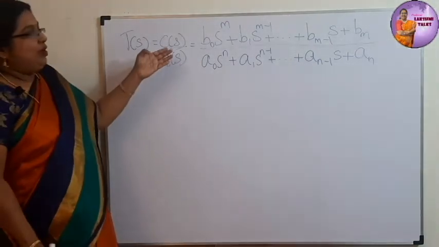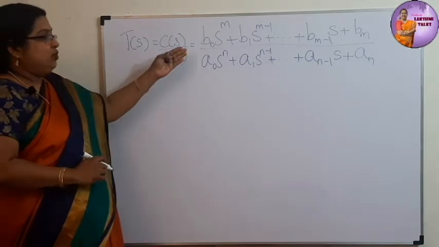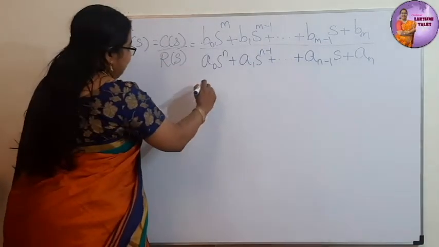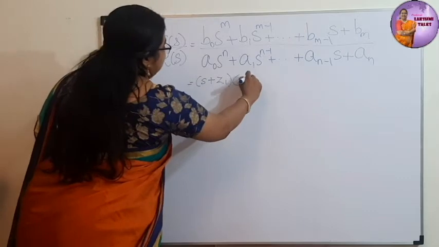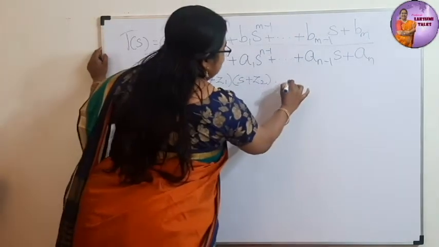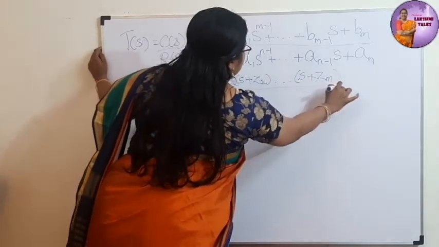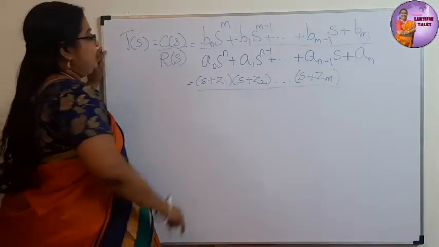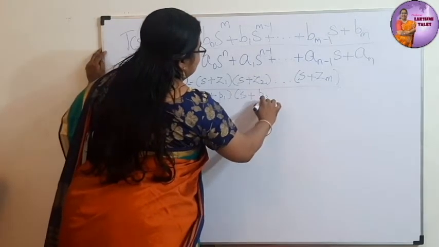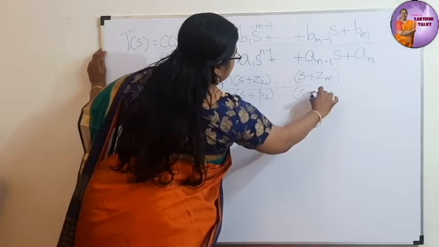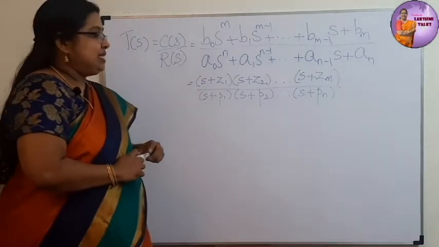Okay. When the numerator polynomial and the denominator polynomial are factorized, for example, let us assume that after factorization the numerator factors are s plus z1, s plus z2, so on up to s plus zm, divided by, after factorizing the denominator polynomial, let us say that we get s plus p1, s plus p2 and so on up to s plus pn.